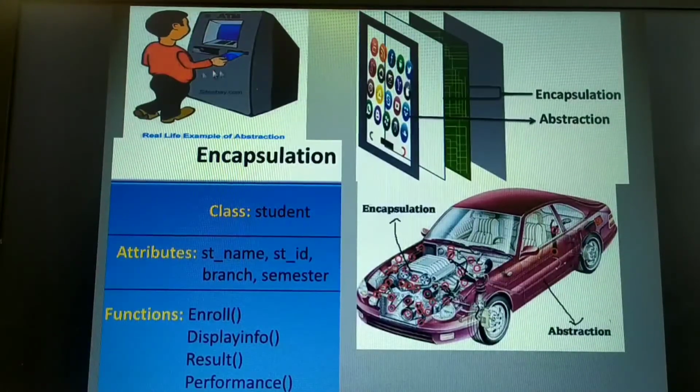When you go to withdraw money, you just need to put the card in, and then follow the instructions: the user needs to enter his pin, what amount he wants to withdraw, and whether it's from the savings account, what kind of account he wants to withdraw from. Only the essential things on the ATM machine are given for the user to interact with.